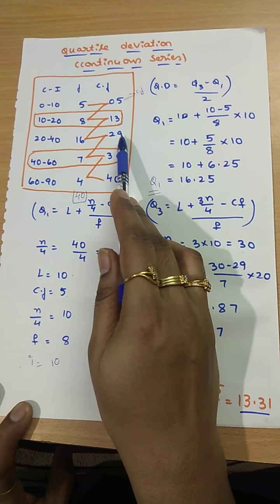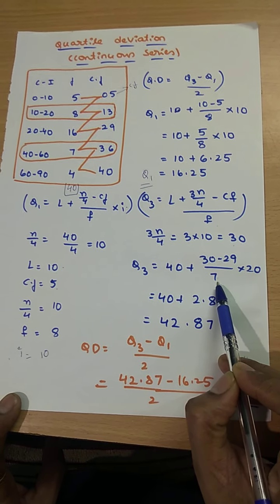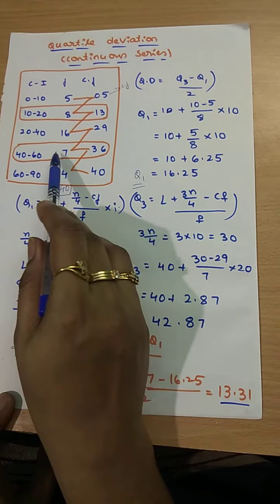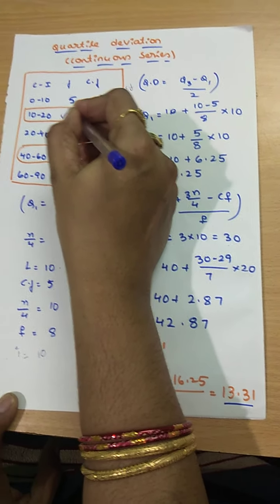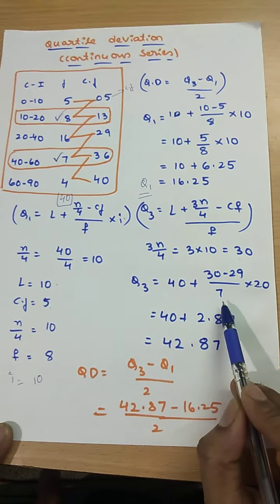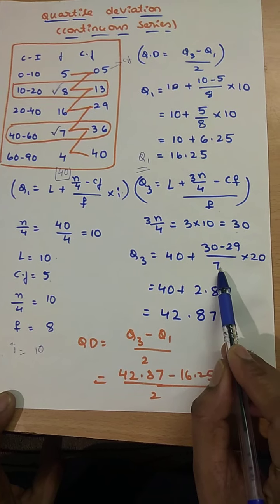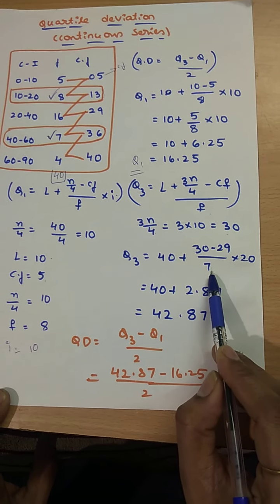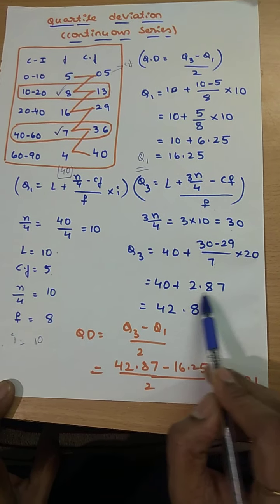So 30 minus 29 divided by 7, where 7 is the frequency of the Q3 quartile class, equals 40 plus 1 divided by 7 into 10, which is 10 by 7, about 1.43. Then 40 plus 2.87 means 42.87.